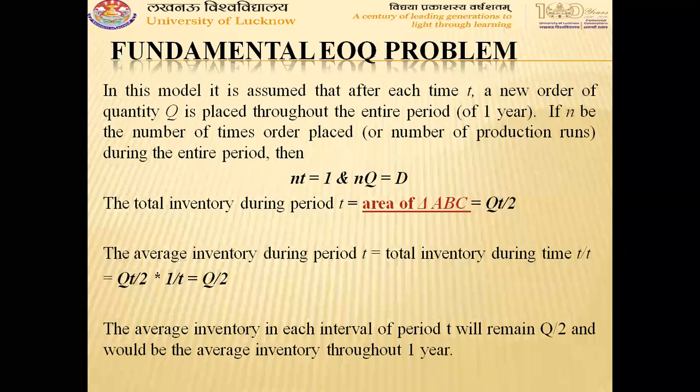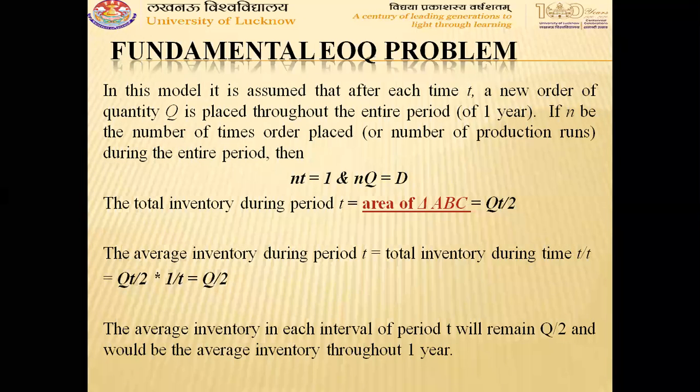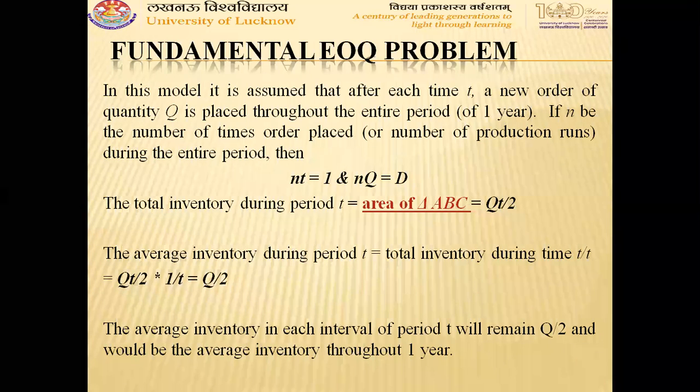If n is the number of times the order is placed and t is the length of production run, then n into t will be 1. And the total demand, that is the number of units required in 1 year, gives n into Q equal to D.